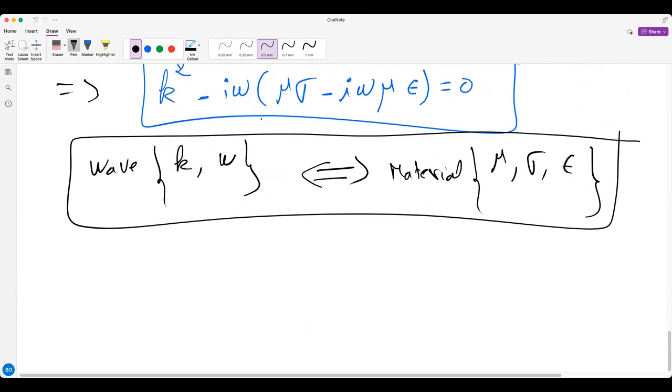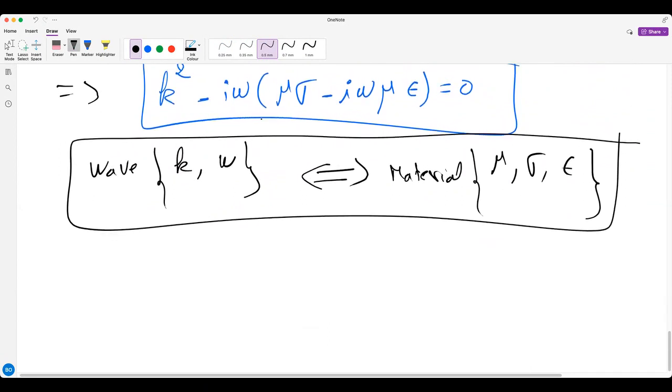Okay, so now let's discuss this equation, the dispersion equation. Let's discuss what happens if the material is a dielectric.